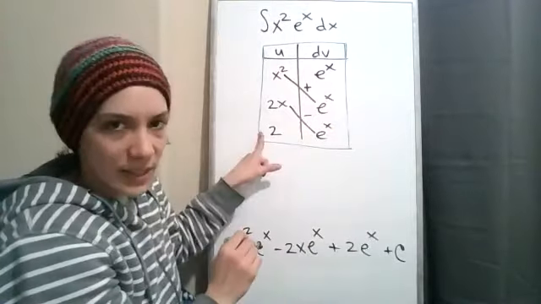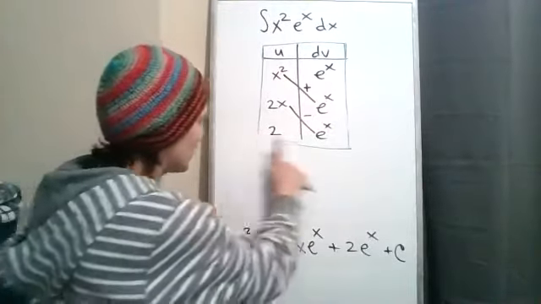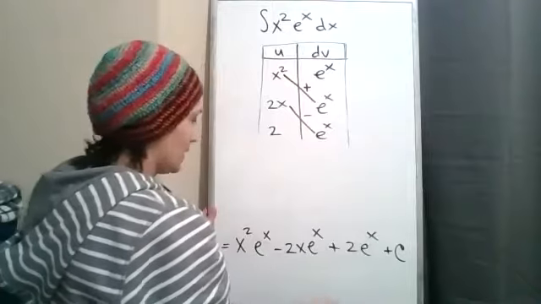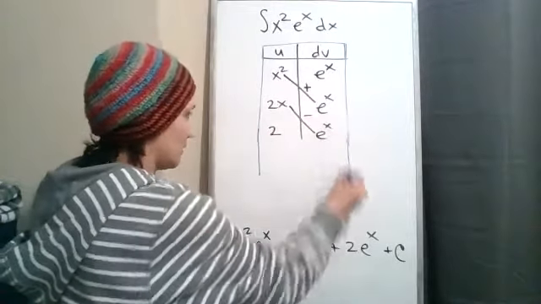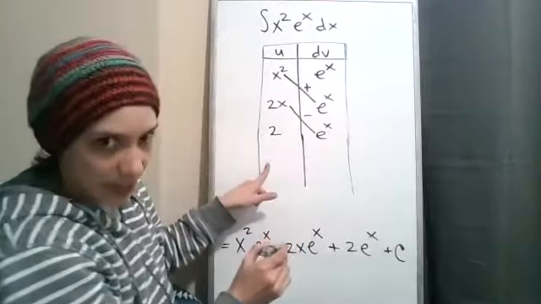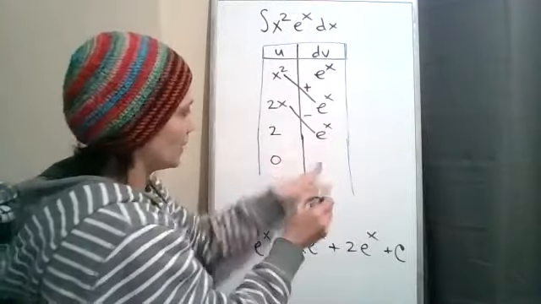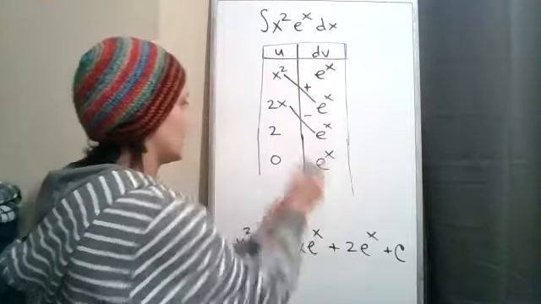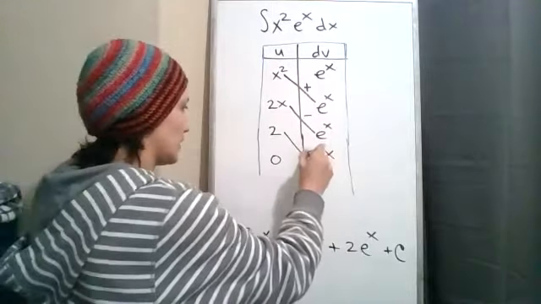Oh, we're supposed to go till we got to 0. One more step here. Okay, so this derivative, now you're at 0. That integral, e to the x. And across, and the plus.